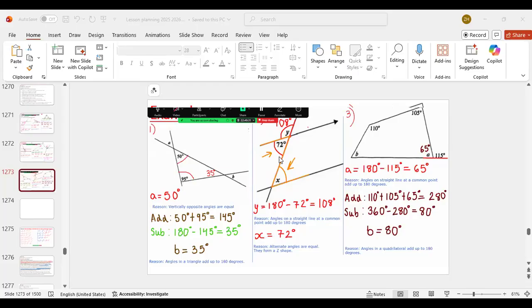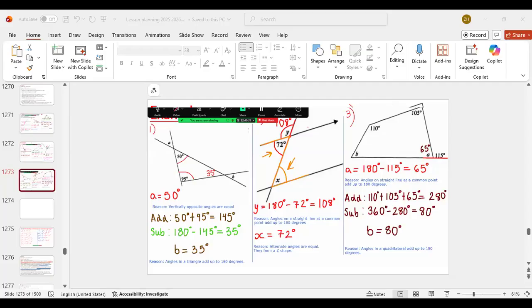For a quick recap, what do we mean by an equilateral triangle? It's a triangle with all equal sides. All sides and all angles are equal.